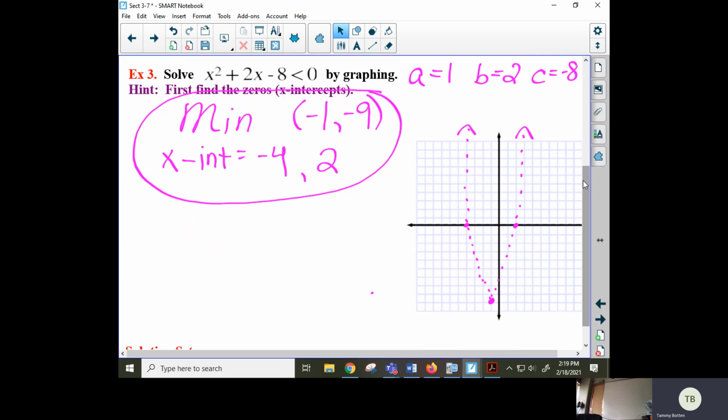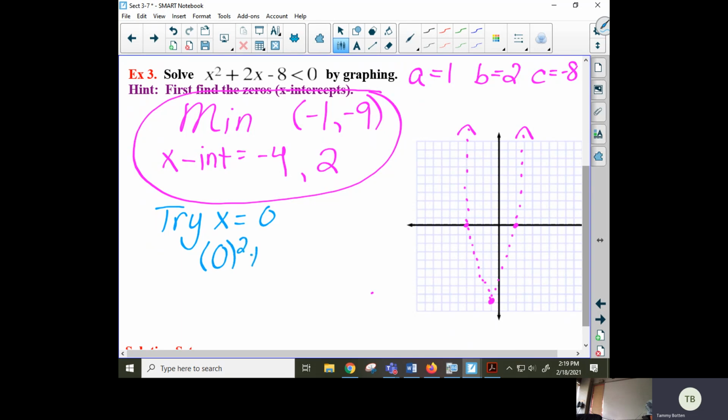So if you chose a point in the middle, which if we chose 0, okay, and we put that in here, let's try that. Let's try x equals 0. Okay, and if I put that in, I'd get 0 squared plus 2 times 0 minus 8. Is that less than 0? This is 0 plus 0 minus 8 is -8.